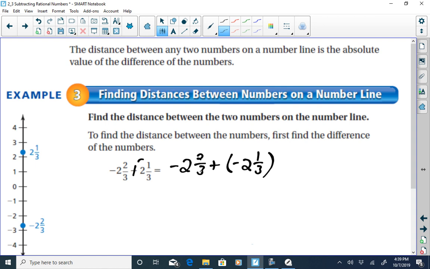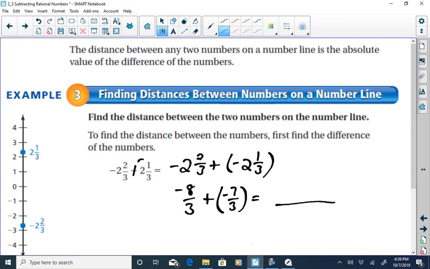Next step, write everything as a fraction. 3 times 2 is 6, plus 2 is 8. So that's negative 8/3. Plus 3 times 2 is 6, plus 1 is 7. Negative 7/3. Now what makes this nice is that the denominators are already the same. So because the denominators are already the same, I don't have to make new equivalent fractions. Right?